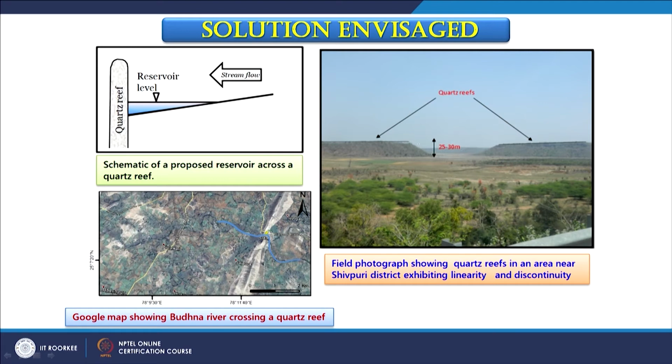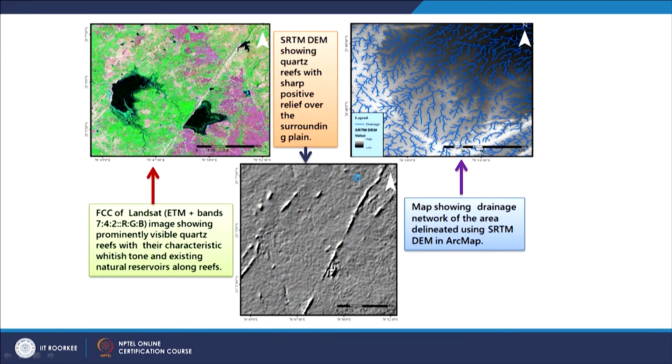So this is a natural dam, you can say, and if by some means we can block this part, then automatically I get a dam very quickly, a reservoir very quickly, and the upstream part of this can start getting inundated in the next monsoon season, and benefits will start coming in 2-3 years' time.